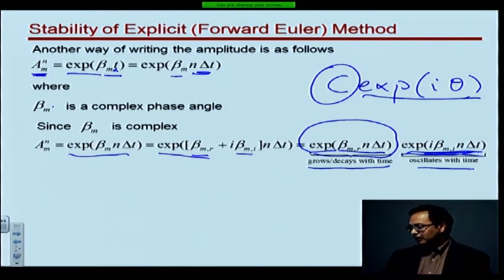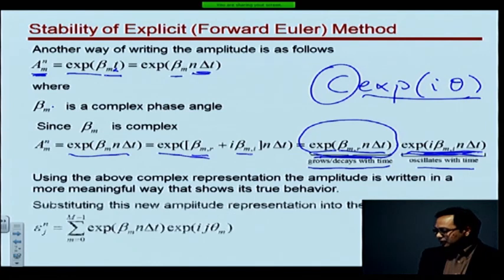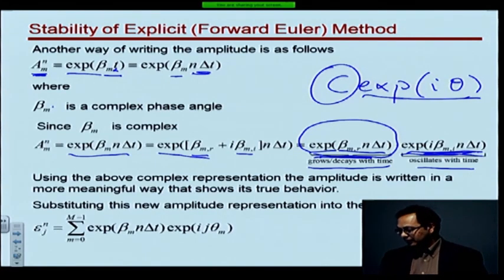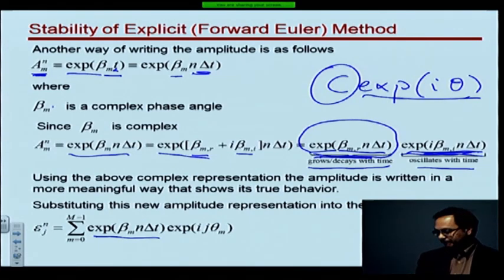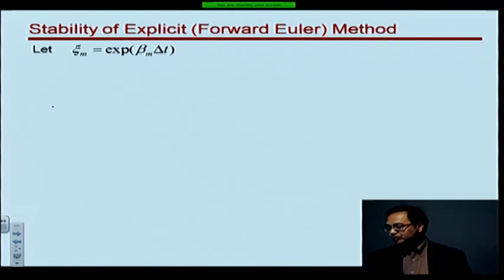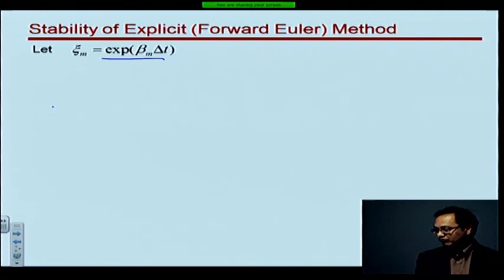And then we also have the amplitude showing up there. So when we do that, then instead of A m n, we can write it as that. Right? And further, if we denote the power beta m delta t as xi m, then we can write that as xi m.